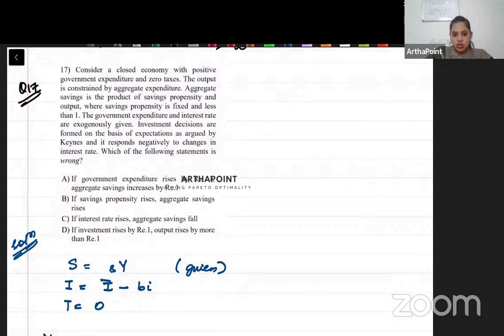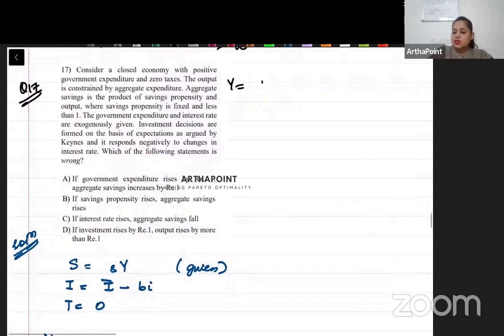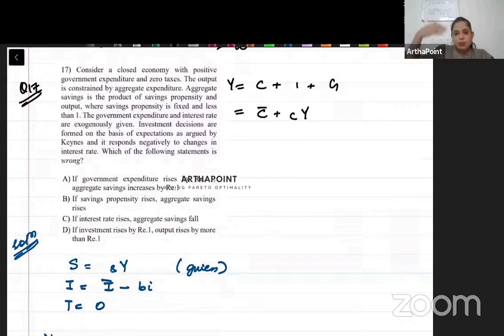Consider a closed economy with positive government expenditure and zero taxes. So, you know, when you write this, C plus I plus G, this is closed, so I'm not taking an X. This will be C bar plus CY because there is no tax. So disposable income and income are equal.